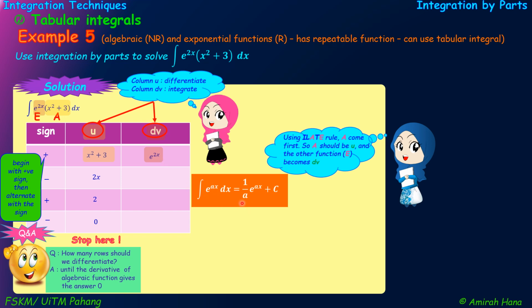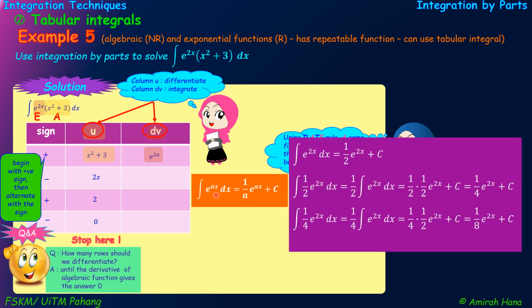A here means constant, so now our a is 2. When we integrate e to the power of 2x dx, the answer equals 1 over 2 e to the power of 2x plus c. But we don't need to write plus c because we have not finished our solution. We just write half e to the power of 2x.